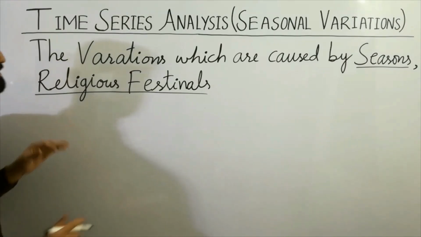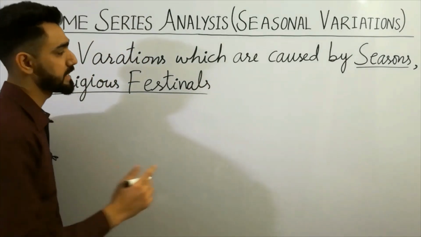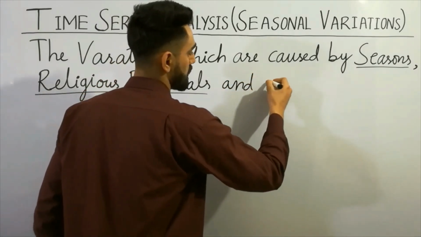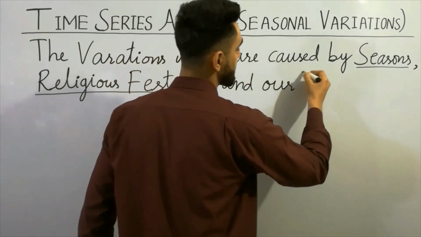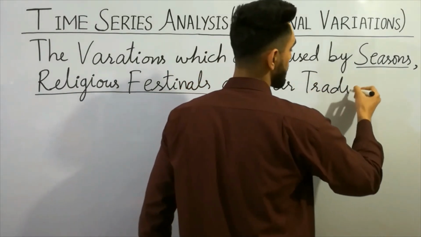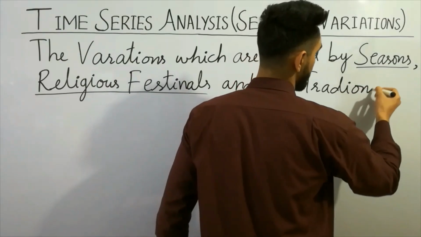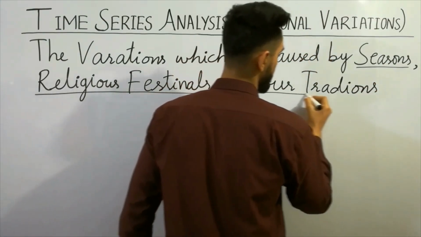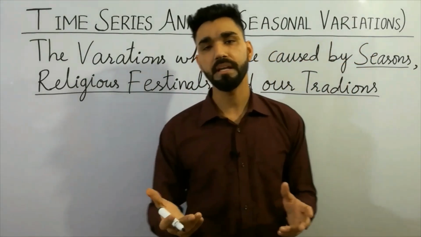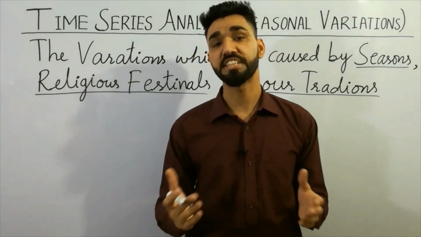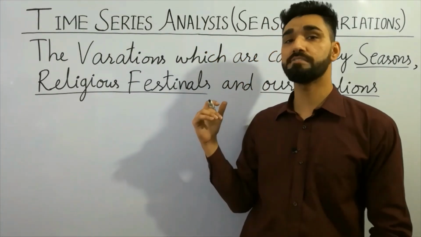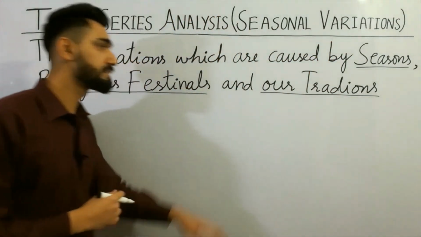The next and last point is our traditions. This is the third point about the definition. Very important point. Traditions, you can say, in marriage, people have their own different traditions. So that is also part of the definition of seasonal variation, with real life examples.